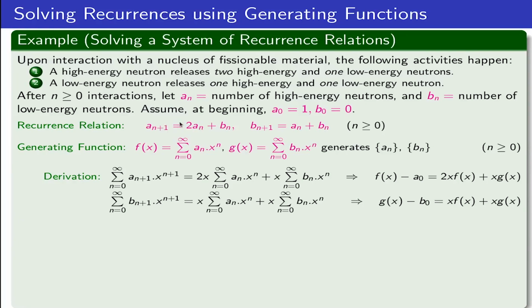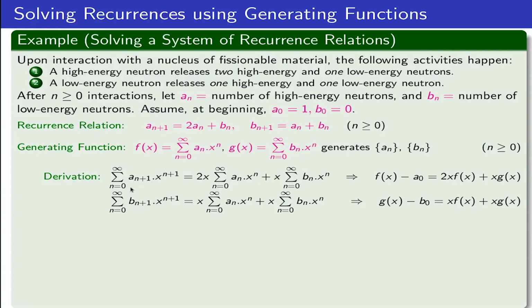An plus 1 x to the power n plus 1 equals 2An x to the power n plus 1 plus Bn x to the power n plus 1. Then take a sum over n equal to 0 to infinity on every side. If I take out this x, because it is to the power n plus 1 in both positions, this gives me this part.